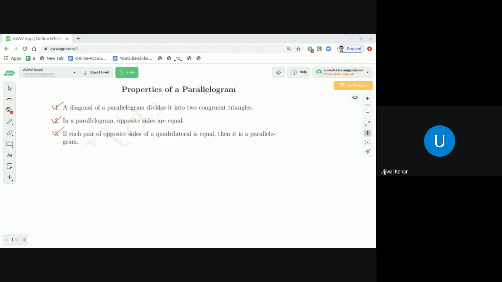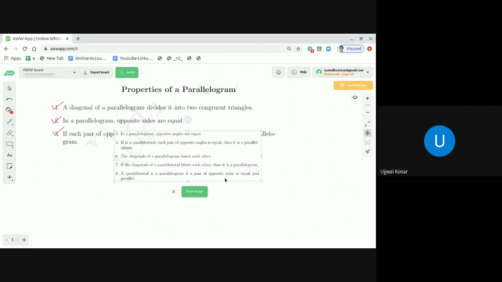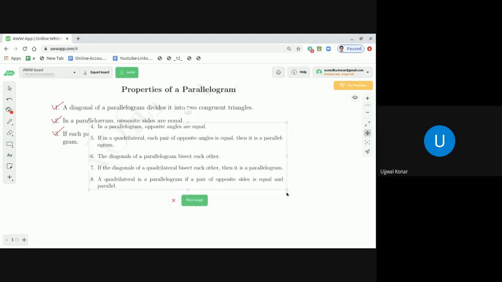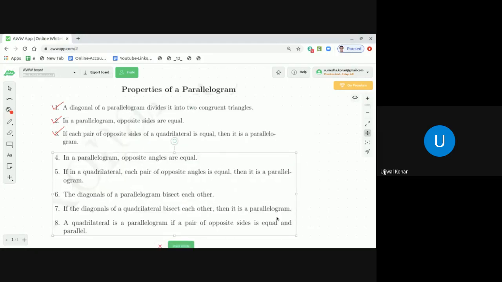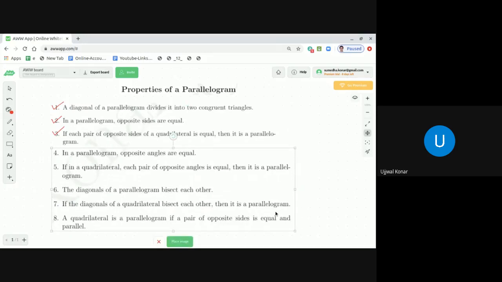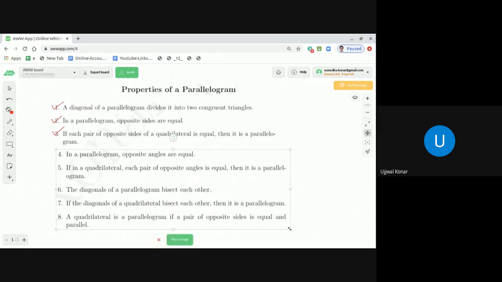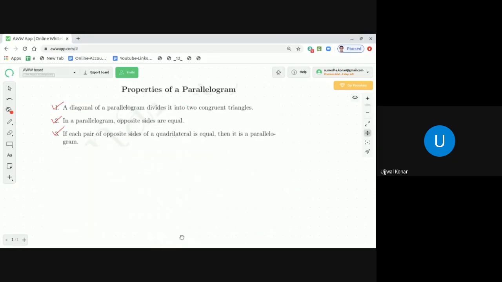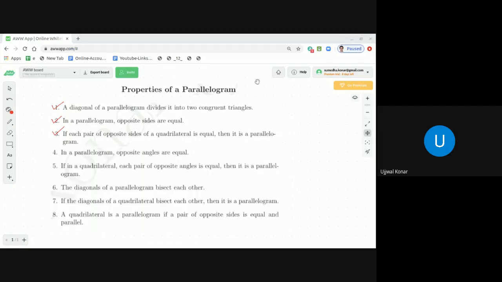There is a total of 8 properties, and I hope you are able to view them properly. These are from property number 4 till property number 8.